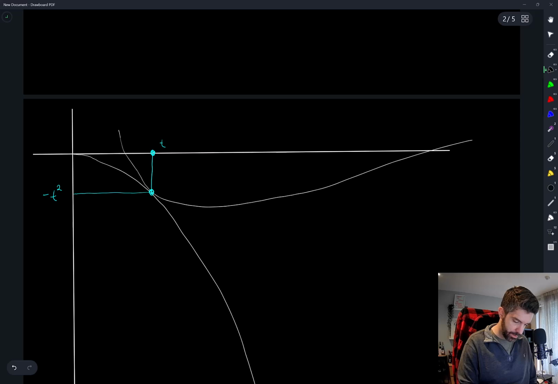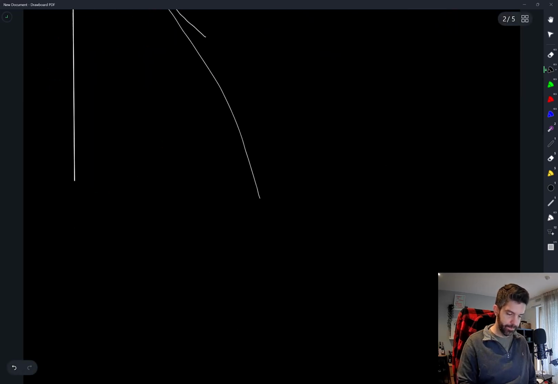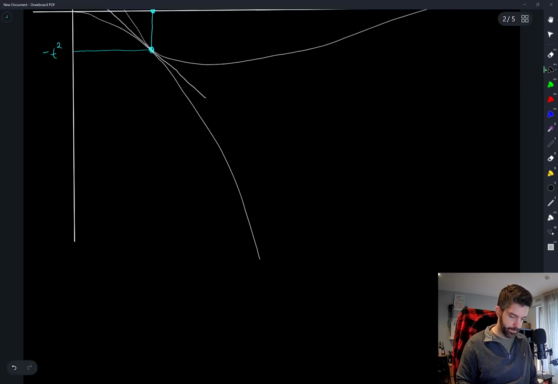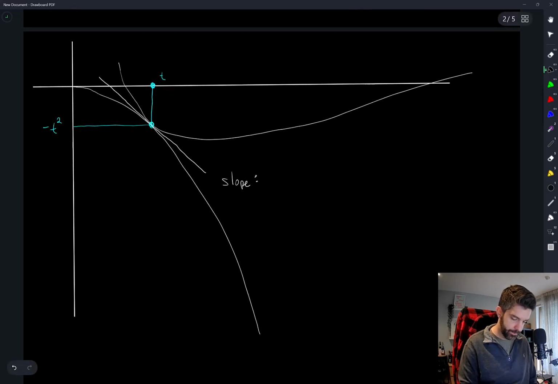If I draw a tangent line there, the slope of this tangent line is negative 2t.